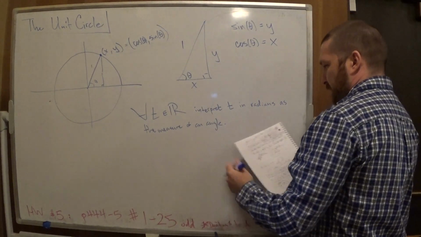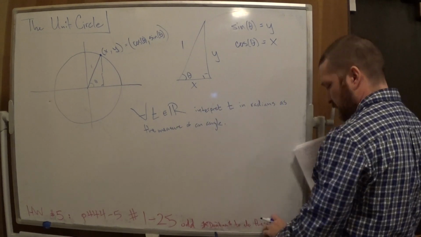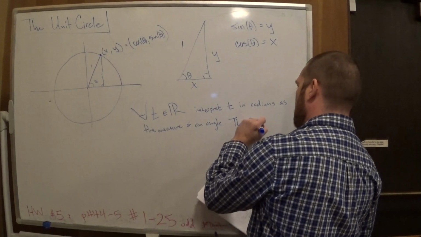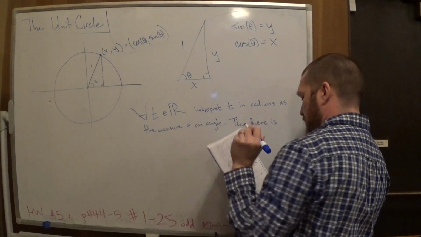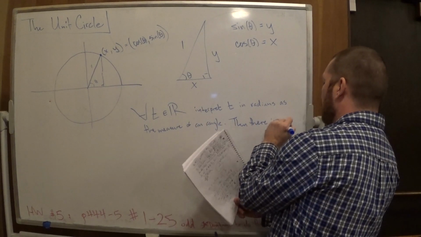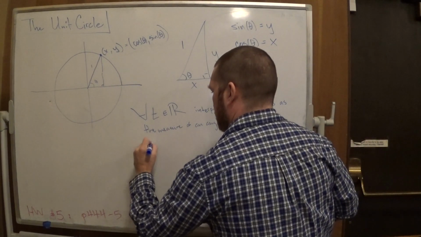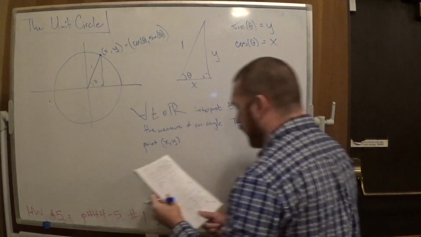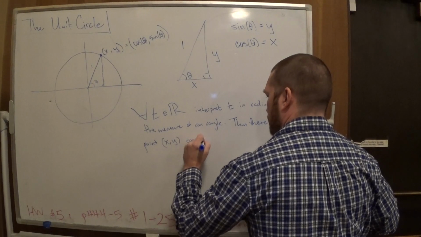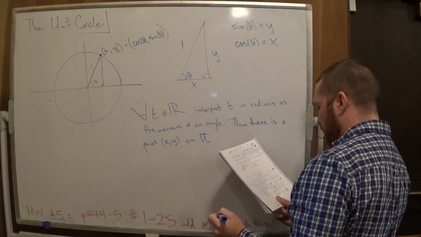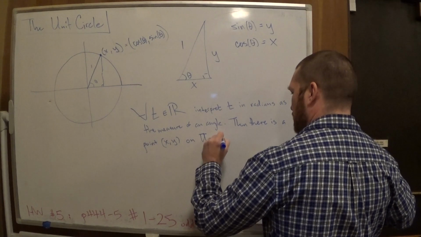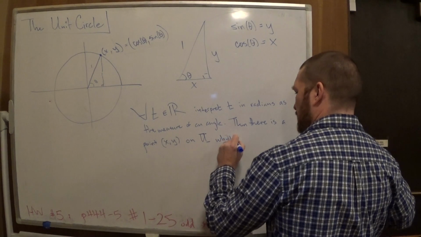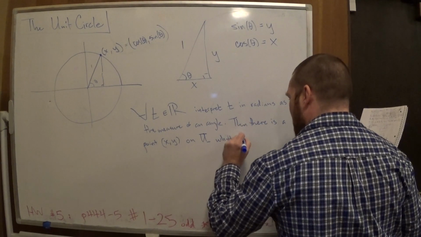Then, once you've done that, there is a point x comma y on the unit circle. I'm just going to do capital U, on the unit circle, which intersects. Intersects.